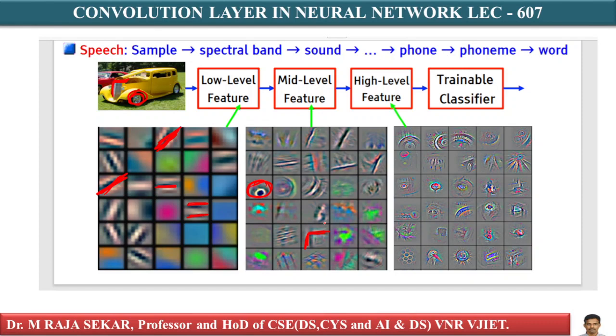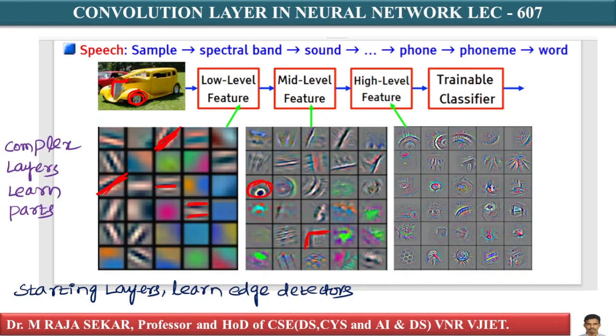What people realized is one should train a deep convolutional neural network with multiple layers of convolution. The starting layers learn edge detectors, but more complex layers learn parts.